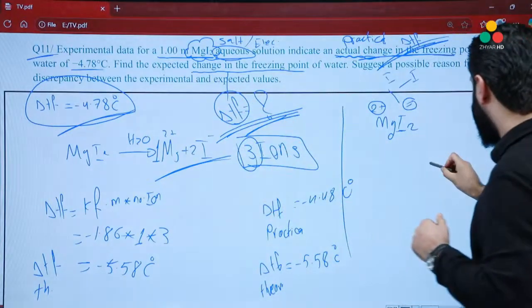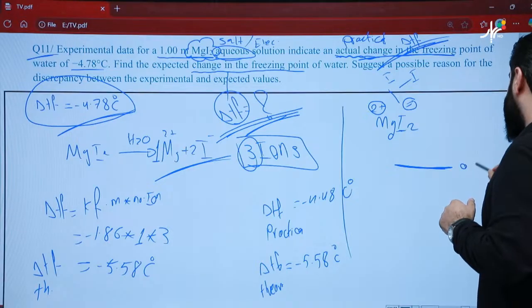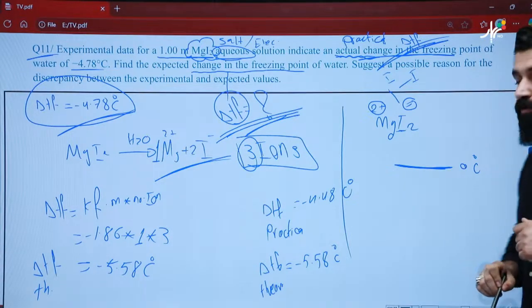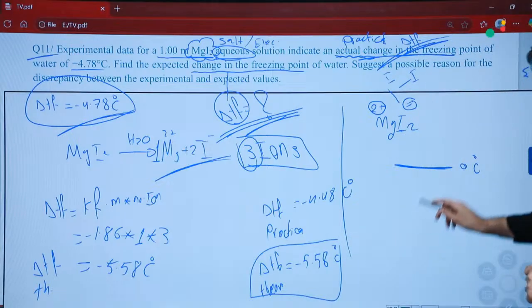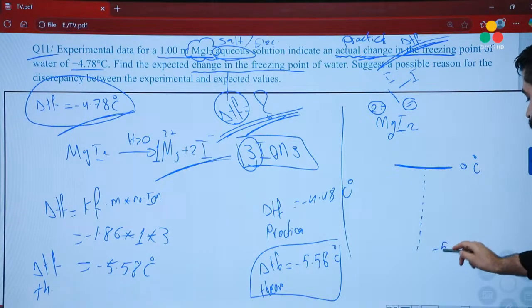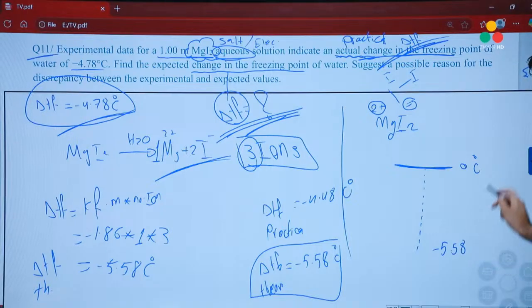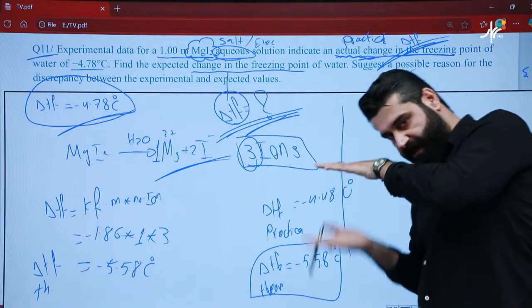Look at this. Water freezes at 0 Celsius degree. This is the freezing point of pure water. Theoretically, we expected the freezing point depression to be negative 5.58. So this is the theoretical jump, the theoretical change.